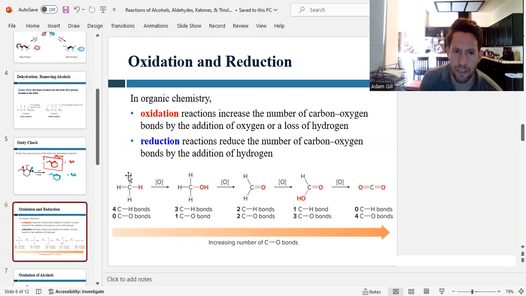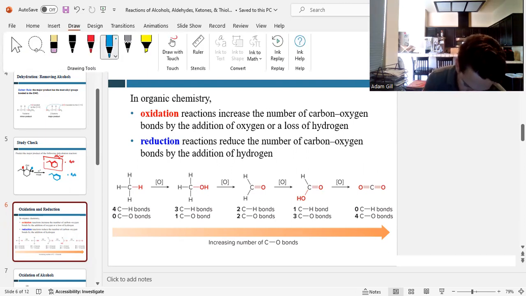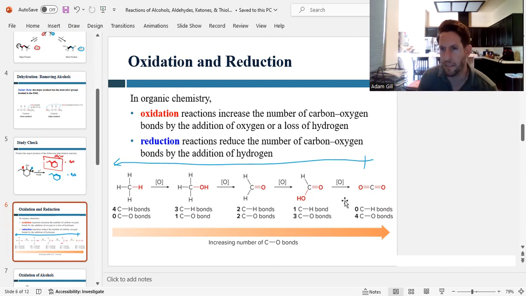So this is CH4 with 4 CH bonds, 3 CH bonds, 2 CH bonds, 1 CH bond, and no CH bonds. So reduction is increasing hydrogens, and oxidation is increasing bonds to oxygen.